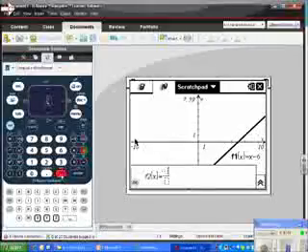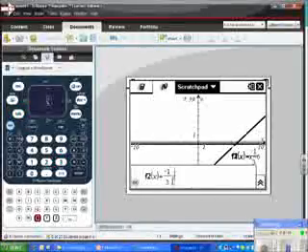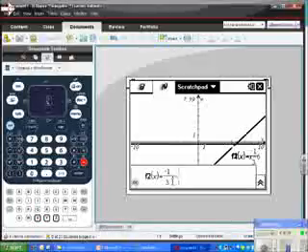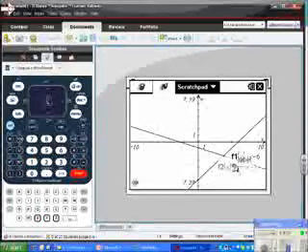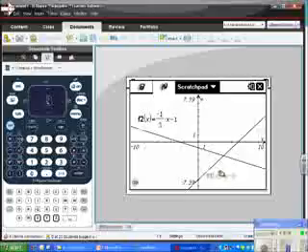And then I'm going to type in a -1/3. Tab out of the fraction. And then type in x, and then it was -1. So there's my second equation. And of course, I can move these just by grabbing them to get them out of the way.